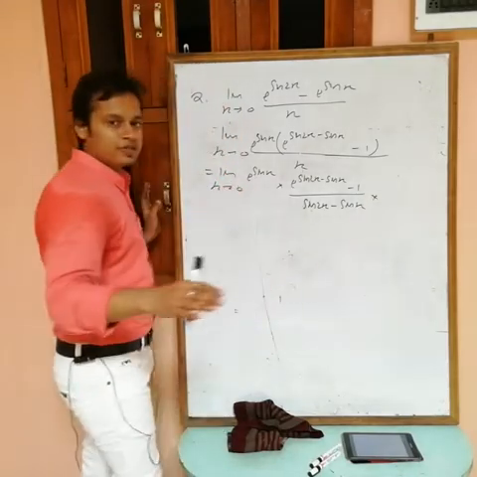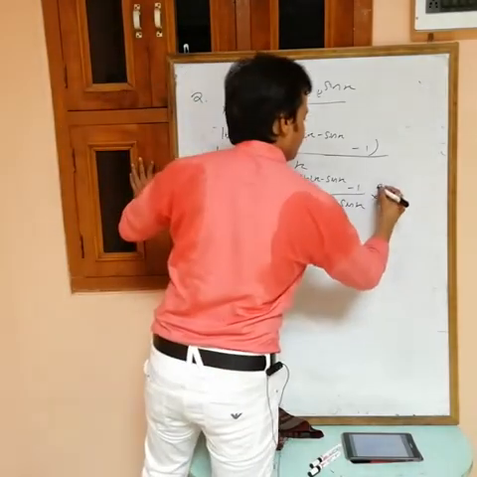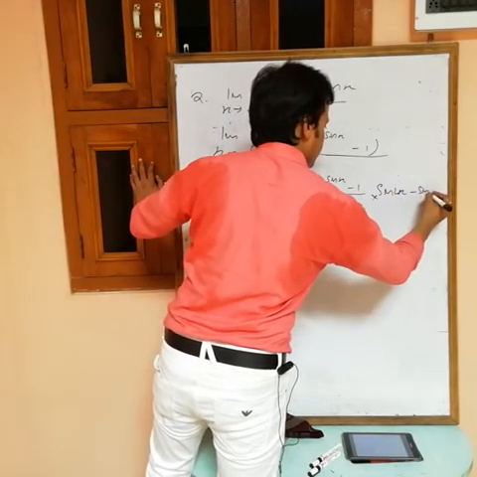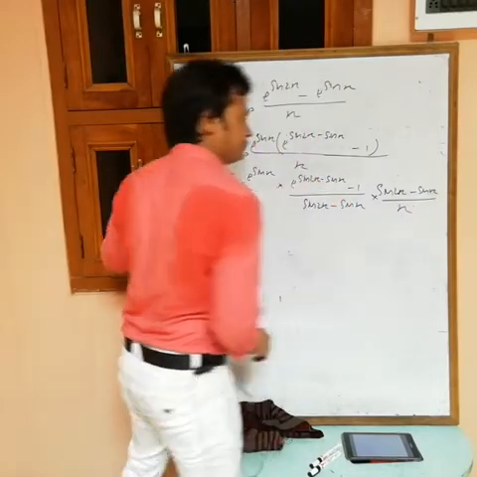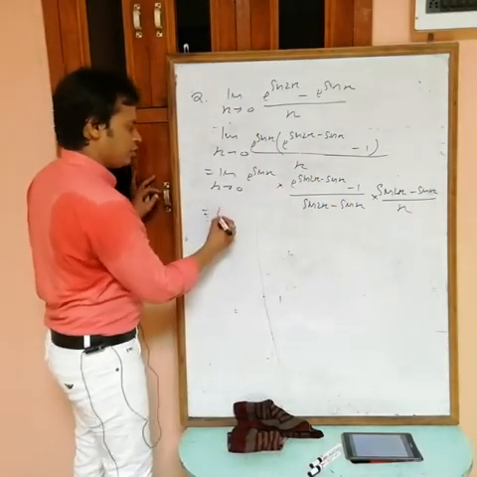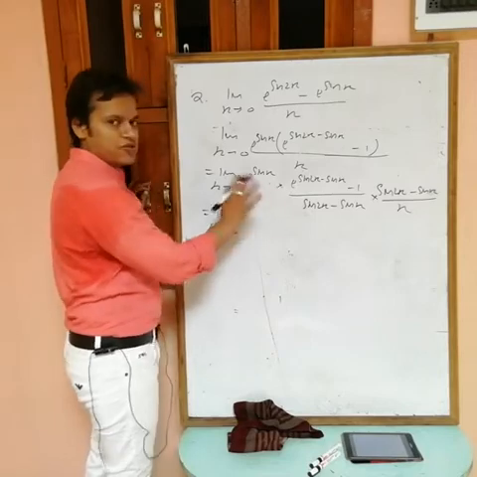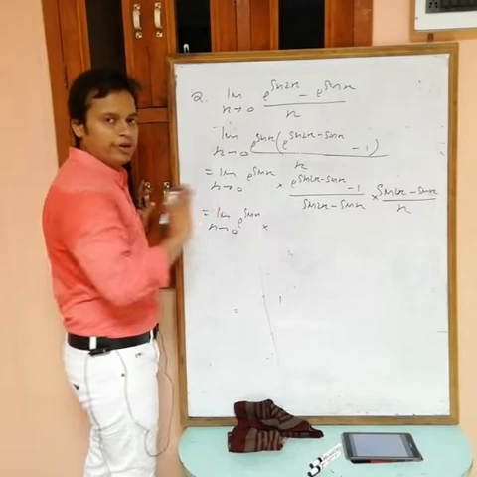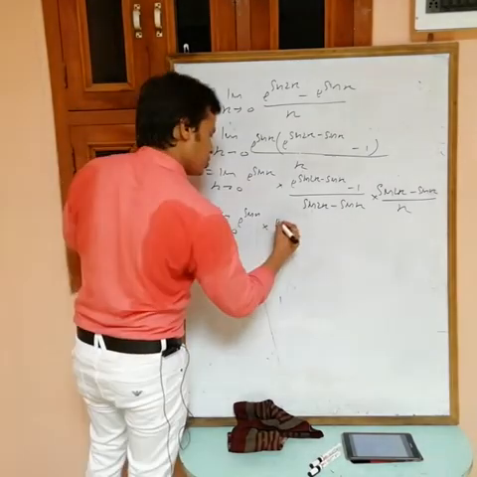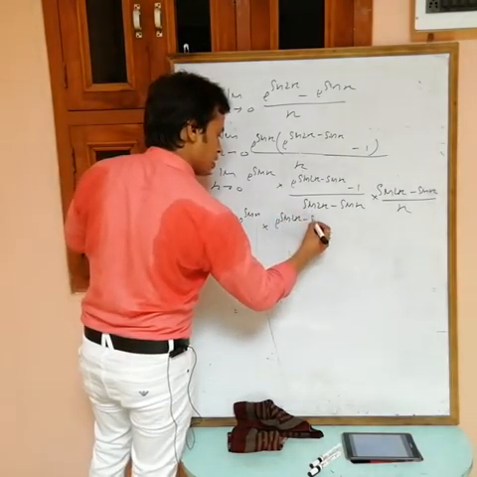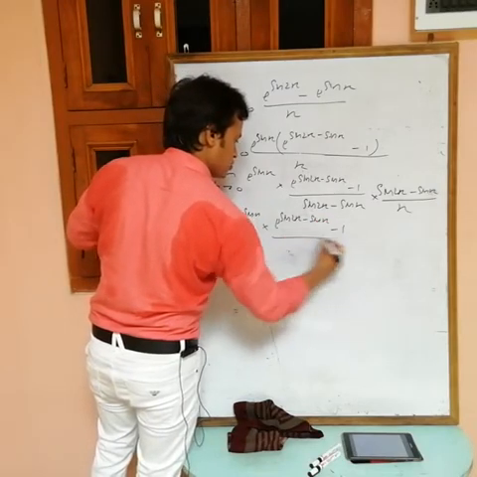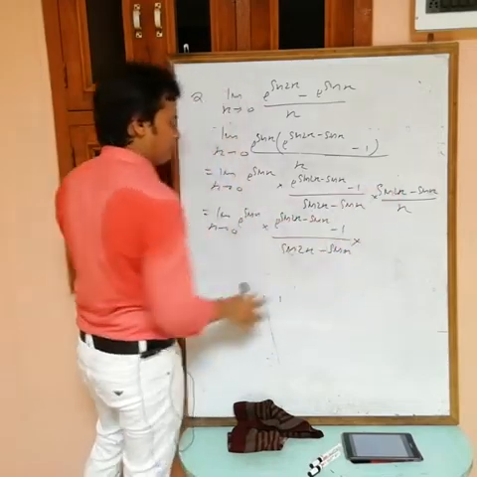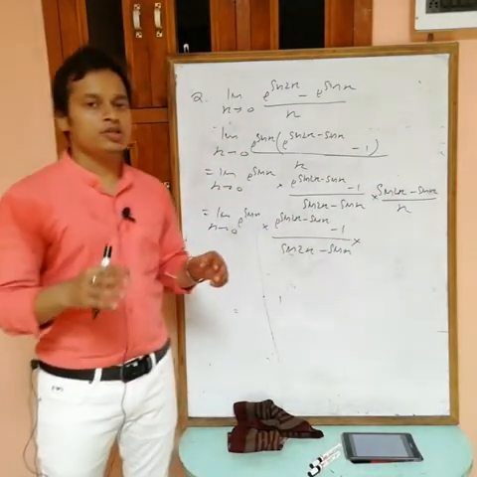But there is no sin 2x - sin x, so multiply with it, sin 2x - sin x by x. Now this is finite, no problem with e^(sin x), and this is a standard limit. But we have a problem with this one: if you put x equals 0, we get the 0/0 form.